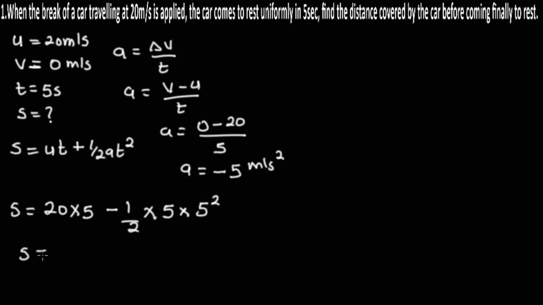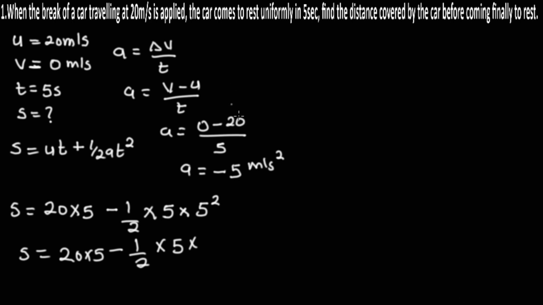So s is equal to 20 times 5 minus half times 5 times, okay, half times 5. This time is 4 seconds, not 5 seconds. Please, let's see how we can correct this.